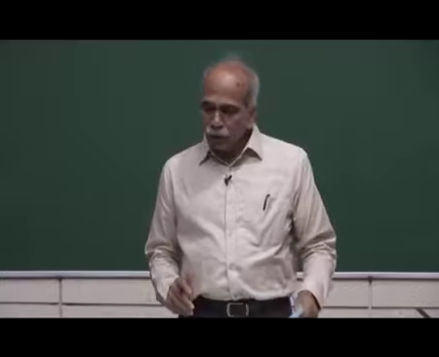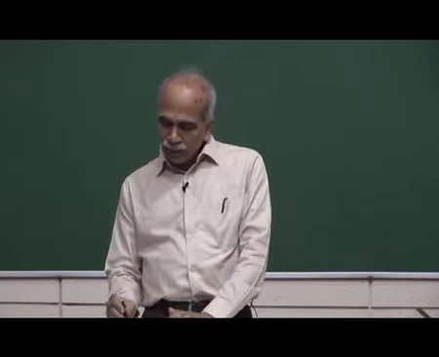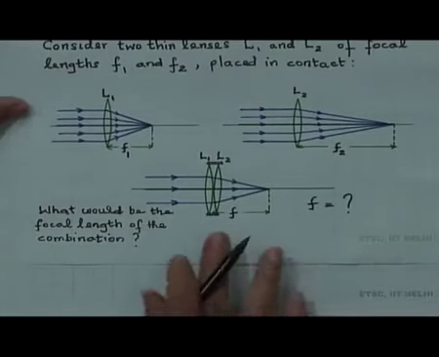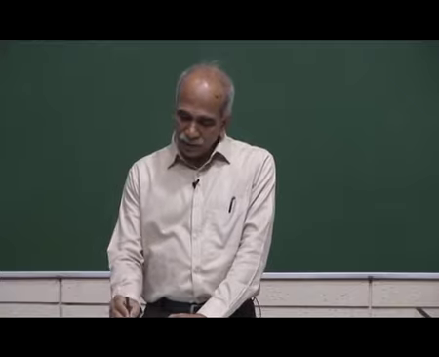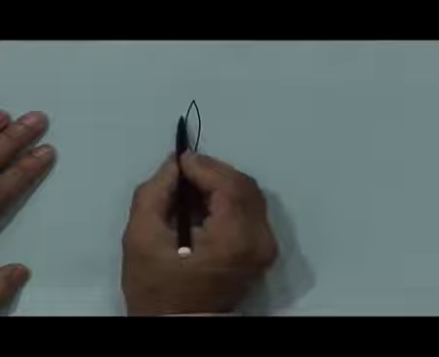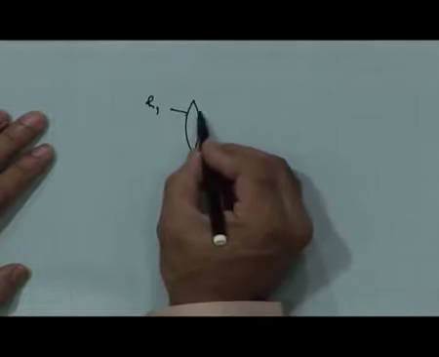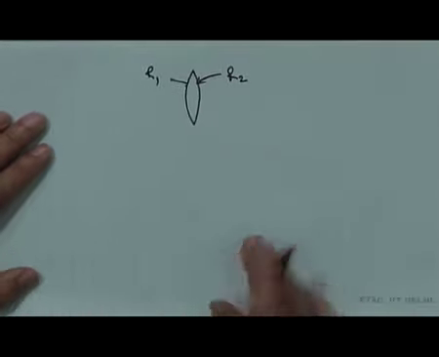Okay, so let us come back to the problem. How do we determine the focal length of this combination? We should recall that in determining the lens formula, we had a lens with two refracting surfaces: this is refracting surface R1, and this is refracting surface 2 of radius of curvature R2.